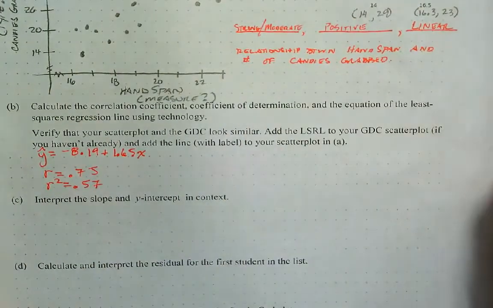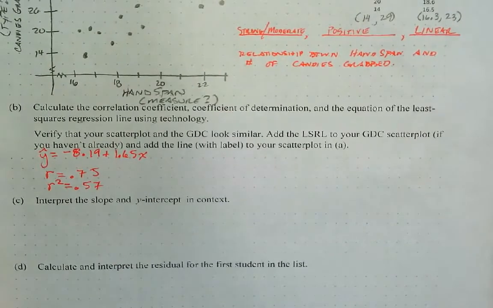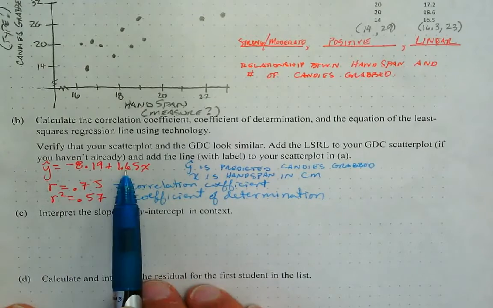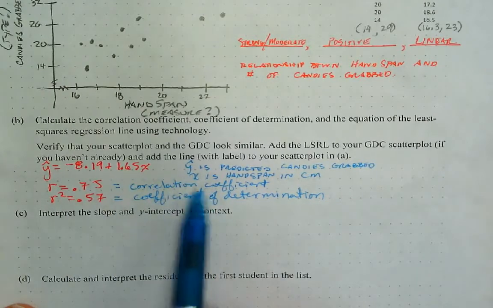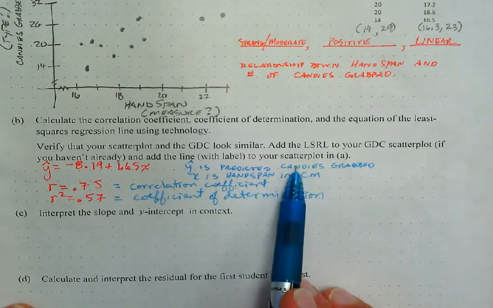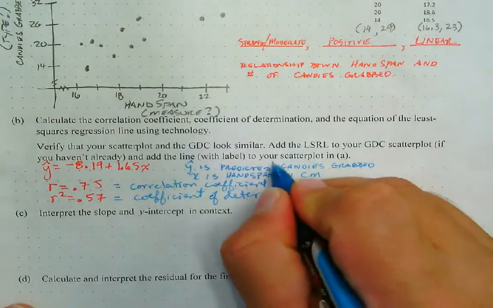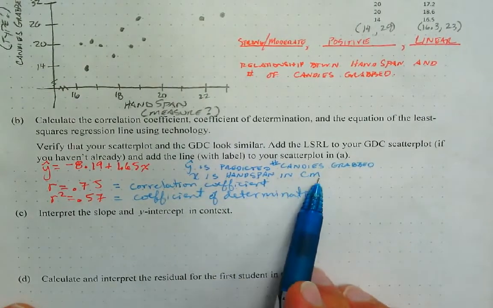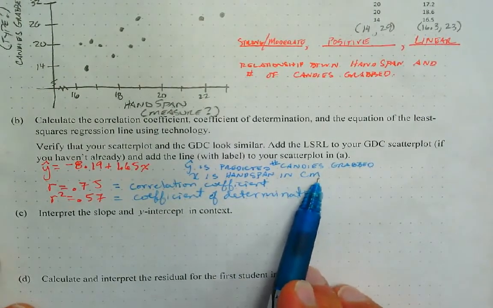Okay. So what does this mean, and what else do we need to do here? Well, this y hat, this is my least squares regression line, but it's always good to define my variables, right? Y hat is the predicted number of candies grabbed, right? And X is the handspan in, we're going to say, centimeters, right?